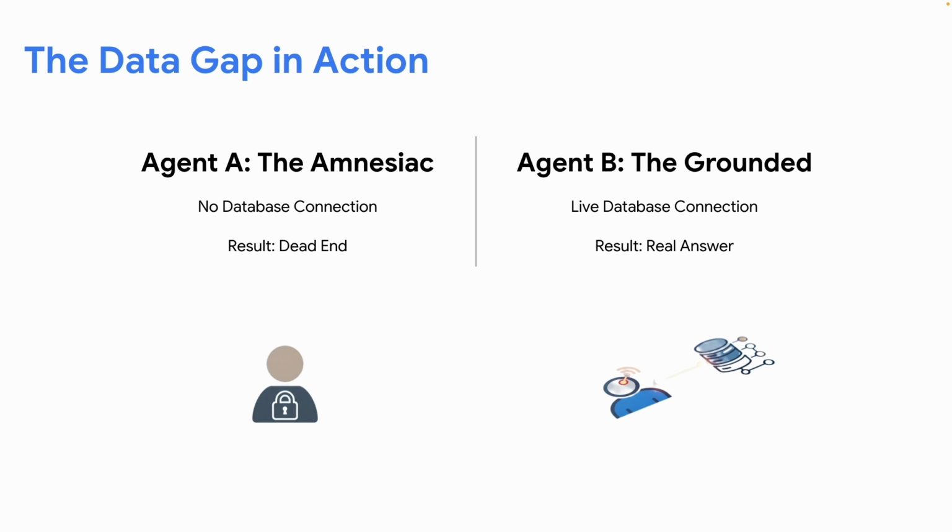Agent A, our amnesiac agent, has no connection to any external data whatsoever. It's a standard out of the box agent. On the other hand, Agent B, our grounded agent, has been connected to the Google Cloud Release Notes database on BigQuery. It's a very huge database with multiple products and different details, and the best part is it's public.